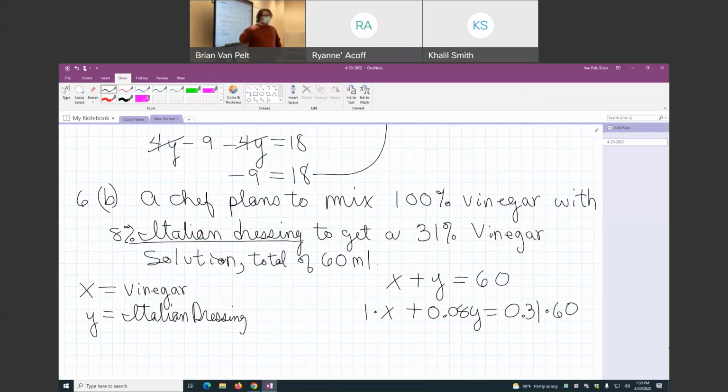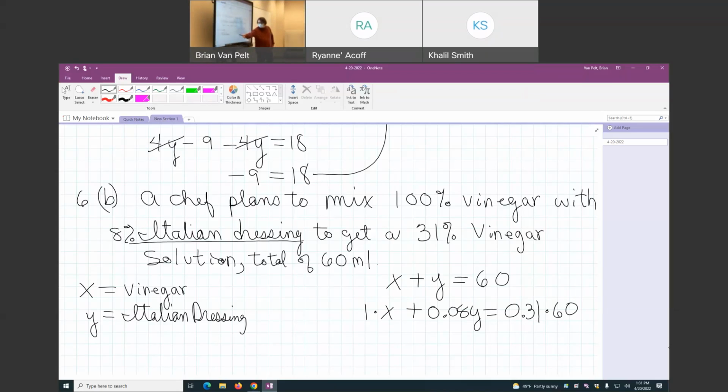That second equation is actually telling you how much vinegar is in the whole thing. The amount of X, that's pure vinegar, isn't it? You're adding X milliliters, and Y is only 8%. This 0.08 is 8%. And the final result was 31%, wasn't it? How much do you have in the final amount? 60 milliliters.